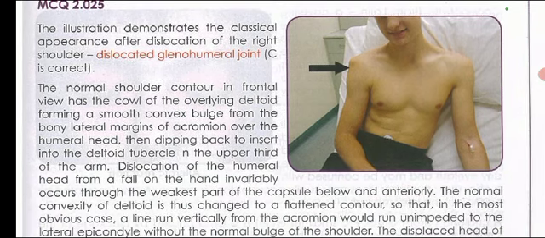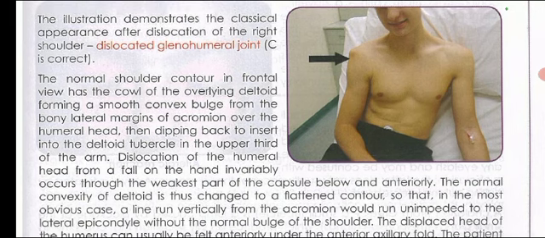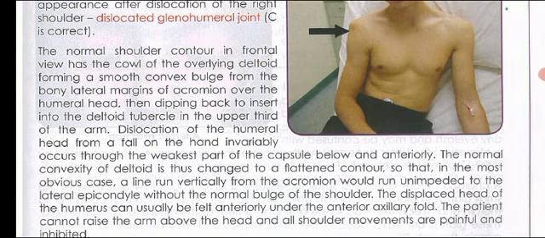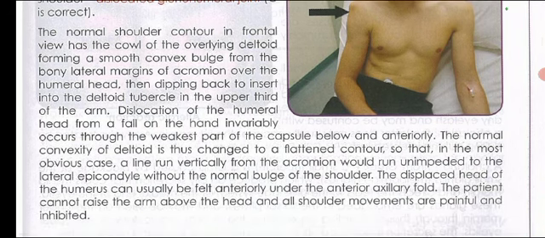The normal shoulder contour in front view has the curve of the overlying deltoid, forming a smooth convex bulge from the bony lateral margin of the acromion over the humeral head, then dipping back to insert into the deltoid tubercle in the upper third of the arm. Dislocation of the humeral head from a fall on the hand invariably occurs through the weakest part of the capsule, below and anteriorly.